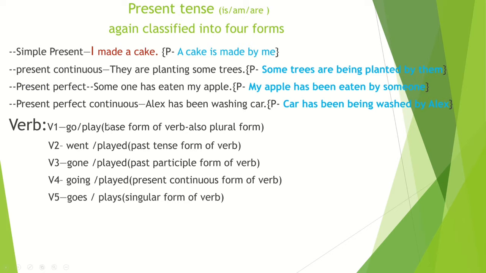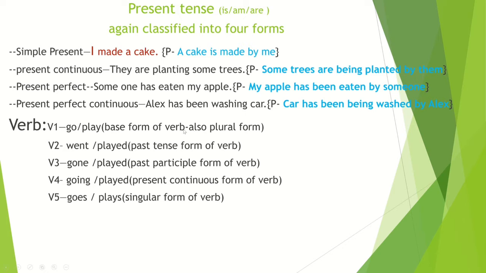Now, I would like to give you some information regarding verbs. There are five forms of verb. The first form of the verb is known as the base verb, that is go or play. This is the base form of the verb.